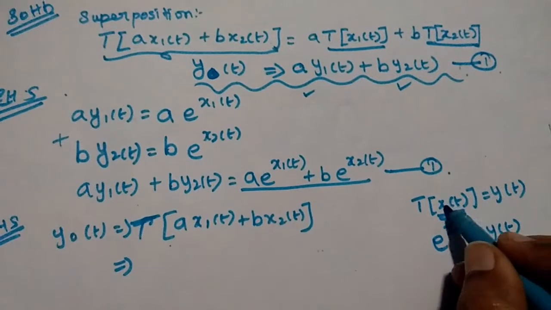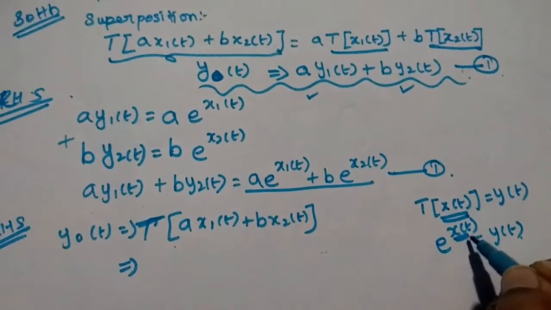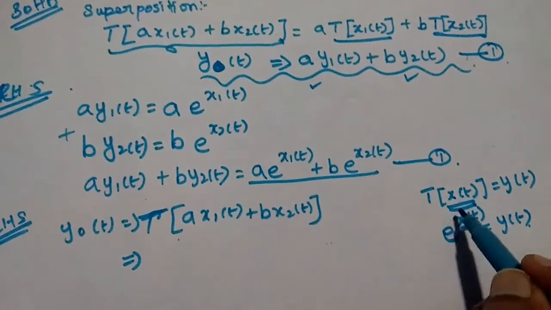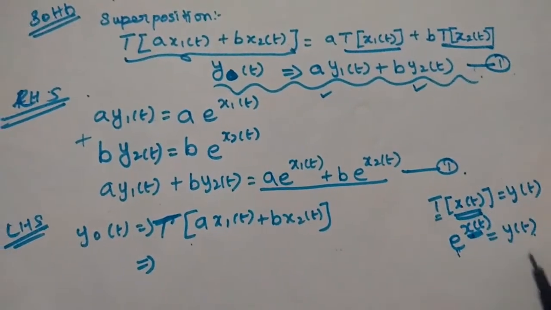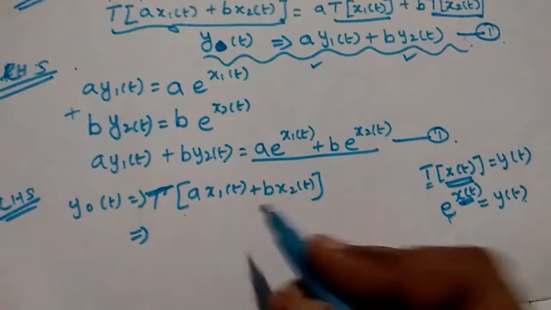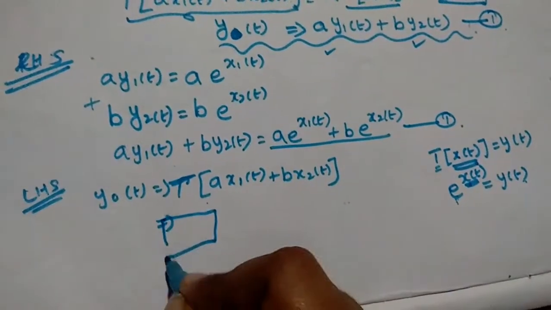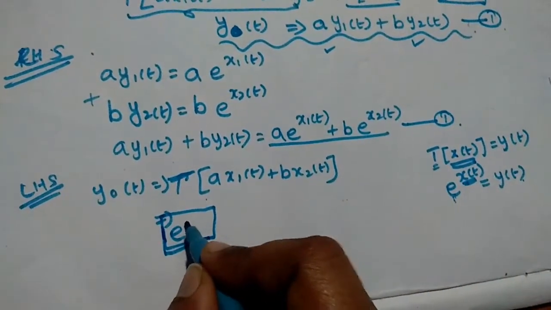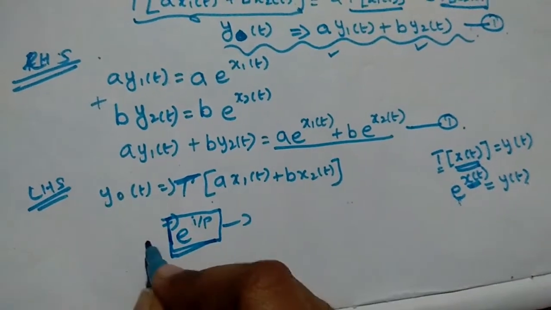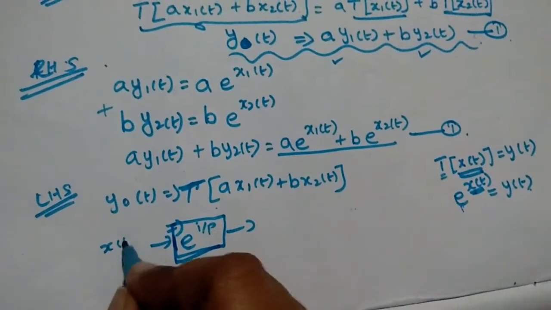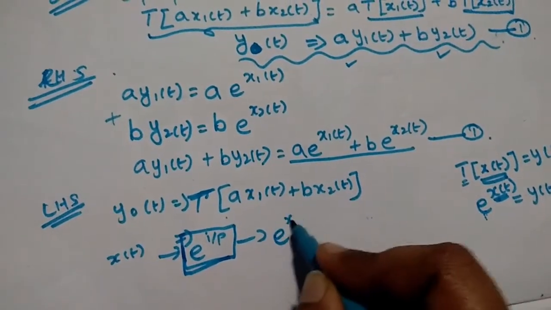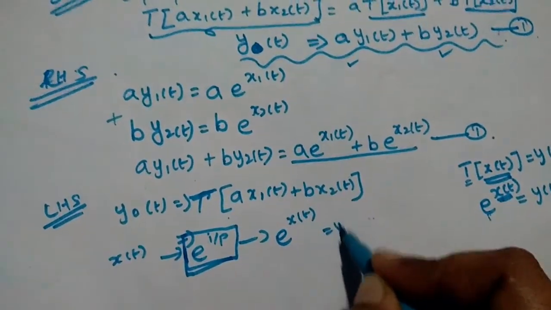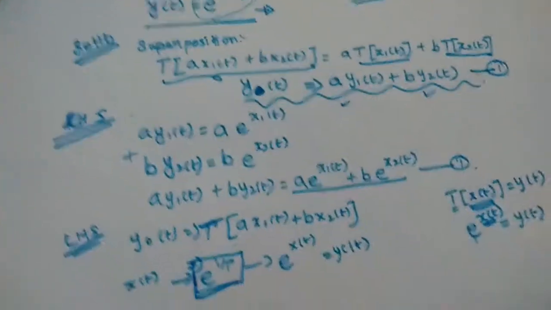So here this input is x of t, and this transfer function is nothing but exponential. That means my system is the exponential of whatever input is coming. Here it is x of t. Whatever x of t comes, it takes the exponential and gives e power x of t. That is nothing but y of t, the given system.